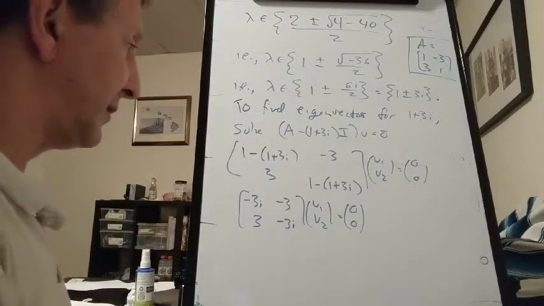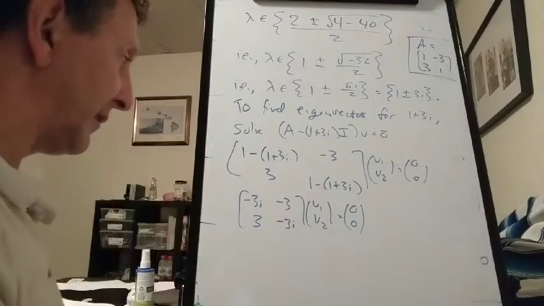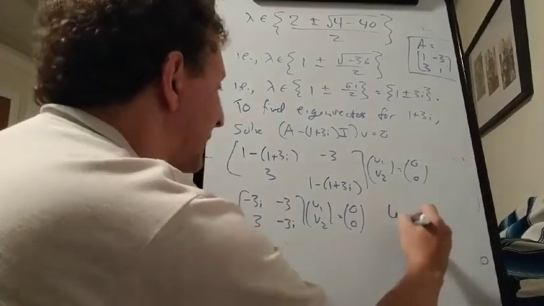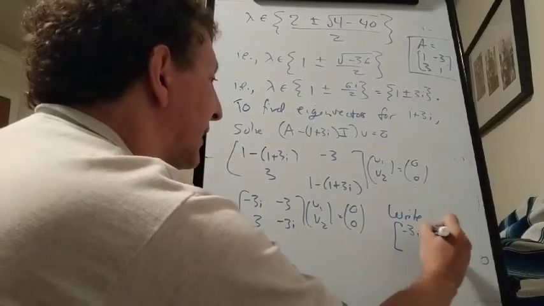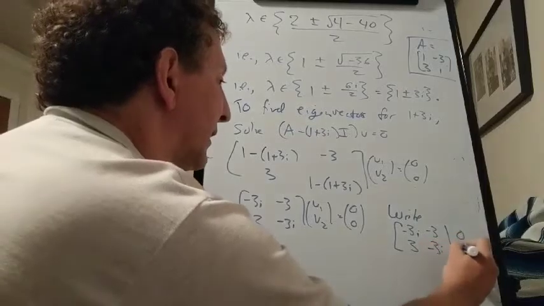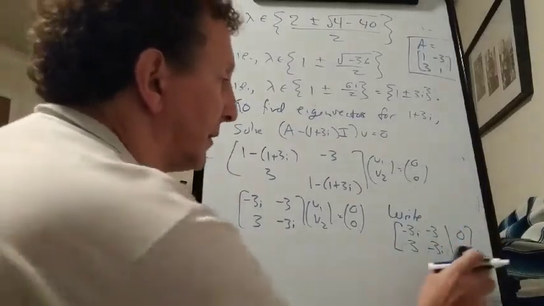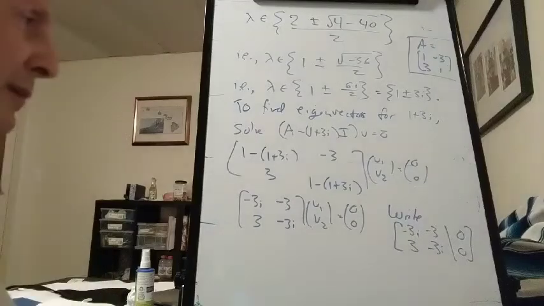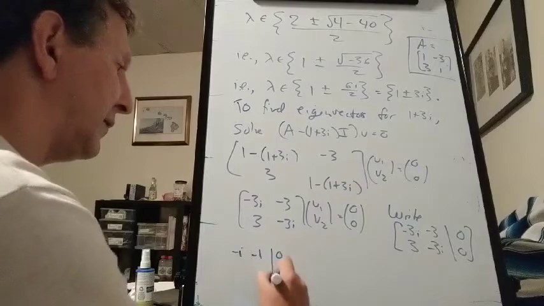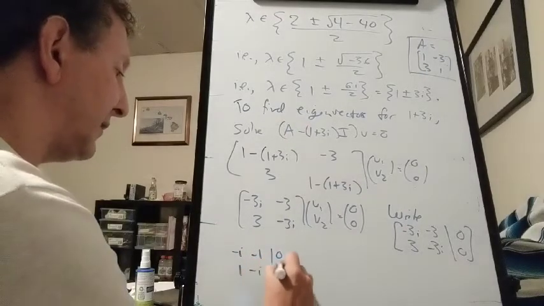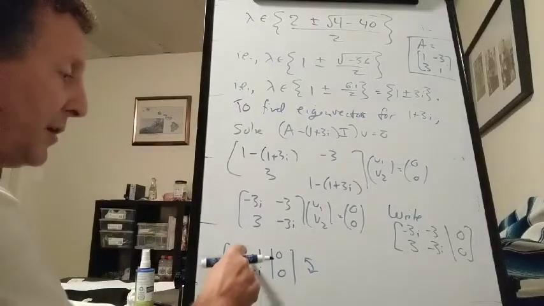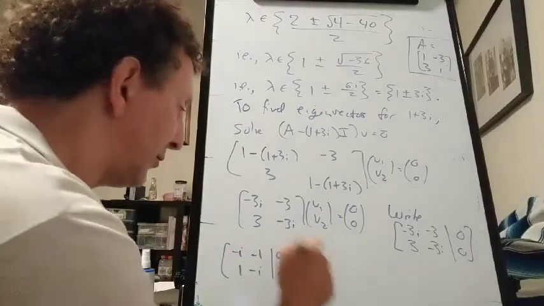All right, let's use some row operations to make this a little simpler. So let's write the augmented matrix: negative 3i, negative 3, 0; 3, negative 3i, 0. Let's divide everything by 3 so that we get negative i, negative 1, 0; 1, negative i, 0. And then let's put this 1 up in the 1,1 position and swap rows to do that.